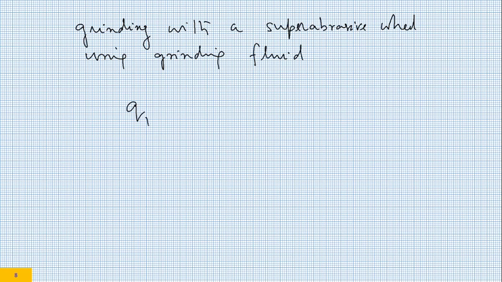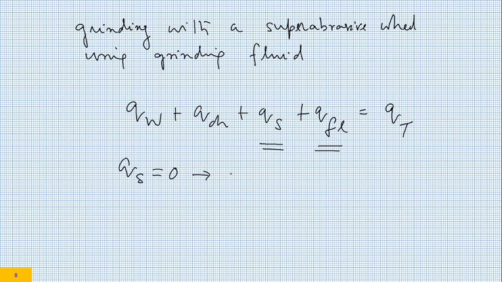In that particular case, in my equation, neither this term nor this particular term would become 0. Both of them would stay. Currently, QS is 0. Why is it 0? Because we are using a conventional alumina or silicon carbide wheel. And QFL is 0. Why is QFL 0? Because it is a case of dry grinding.